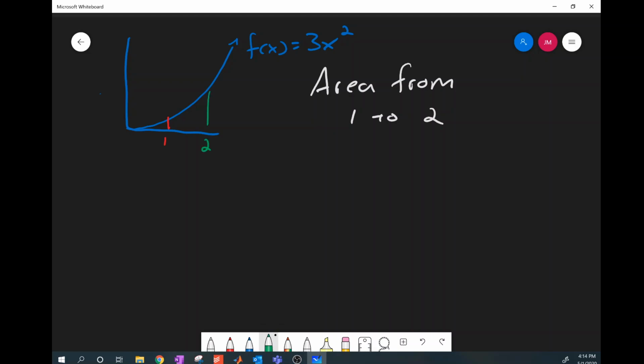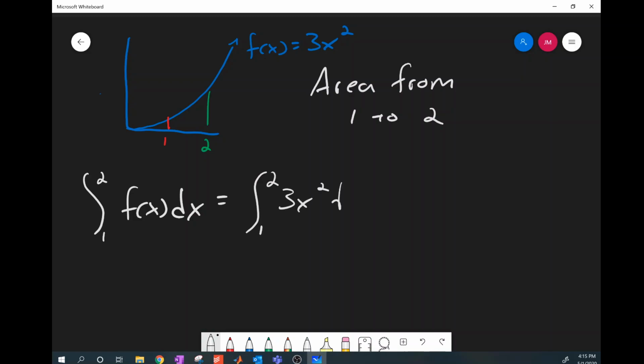We have my lower boundary with 1 and my higher boundary with 2. So that means I'm going to want the integral, with my lower number on the bottom, from 1 to 2 of f of x dx. That's the integral from 1 to 2 of 3x squared dx.